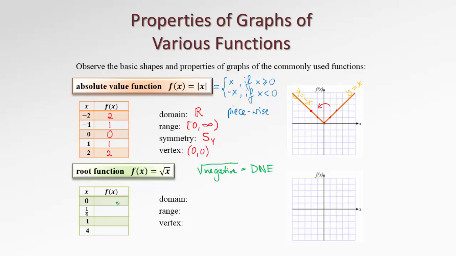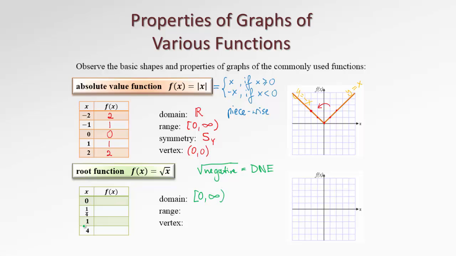Since we figured out that the lowest number that we can take for x is 0, the domain of our future function must start from 0. And then we can take any number that we wish higher than 0, as high as we want. We're still able to calculate the square root of it. So from 0 to infinity, that's the domain.